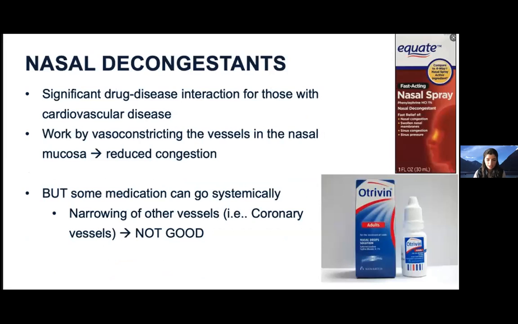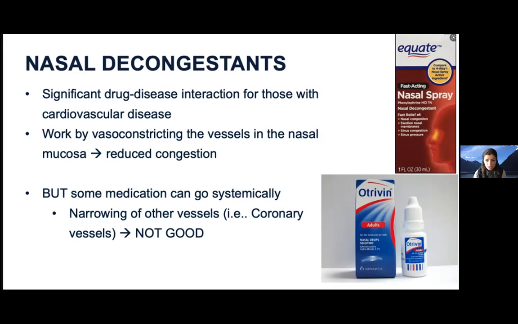And our last example here is another important example of how important it is to disclose over-the-counter medications. So there have been significant drug disease interactions between nasal decongestants and cardiovascular disease. So nasal decongestants work by stimulating alpha adrenergic receptors in the blood vessels of the nasal mucosa.